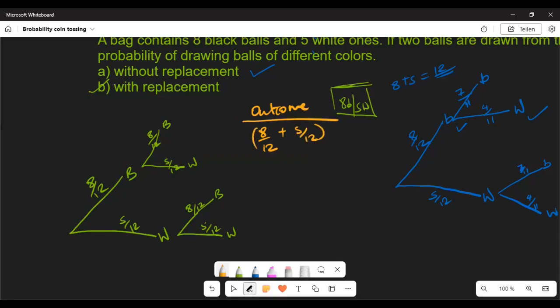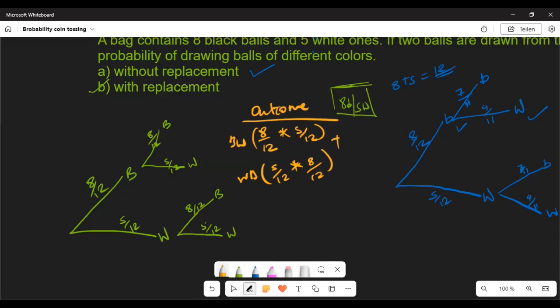Then also the probability of WB is 5 over 12 multiplied by 8 over 12. It's not plus, it's multiplied by. And then later we're going to add the probabilities. So all these are multiplied, okay?